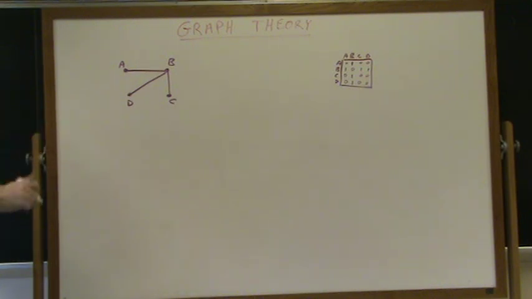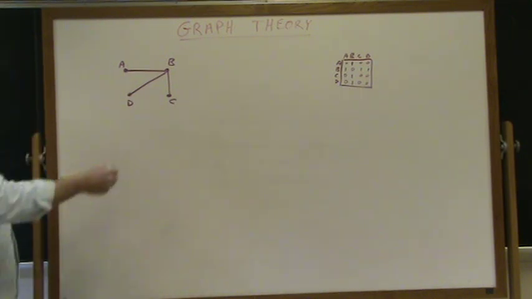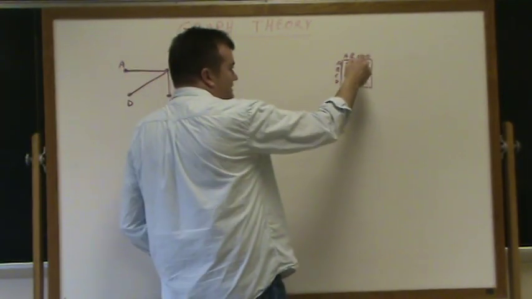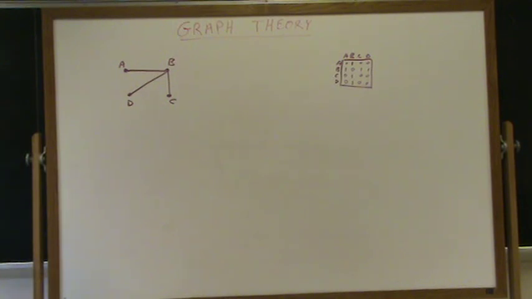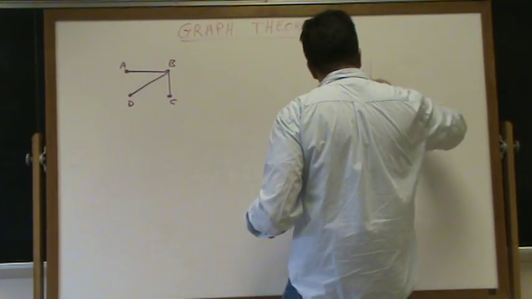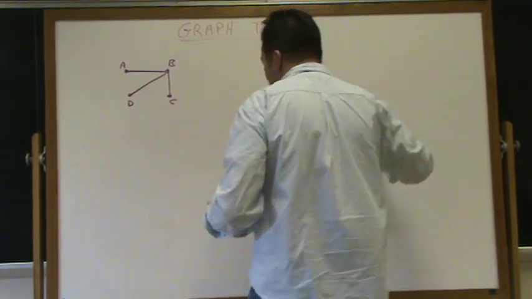Then you can answer questions based on this map, like can I drive from this point to that point? You'd have software that would go through this data and eventually figure out a yes or a no. I just wanted to bring up one way that we could represent a graph in computer memory, but there are some more efficient ways to do that.